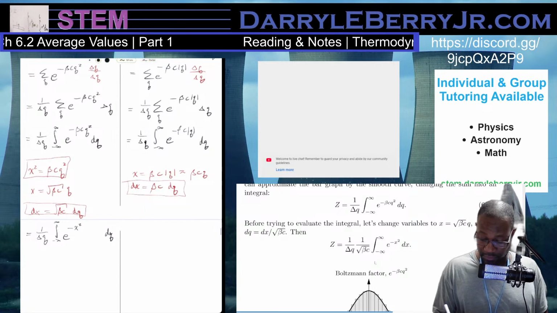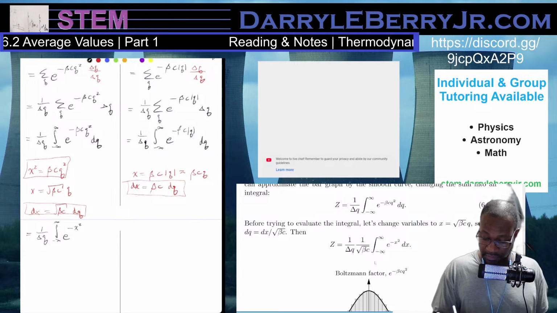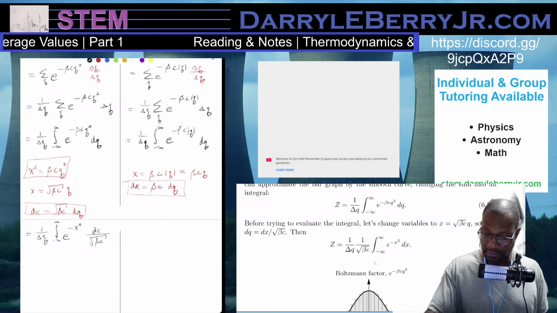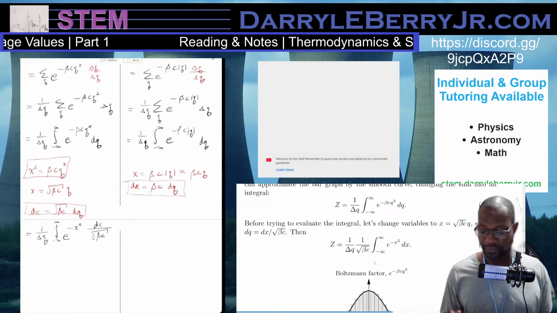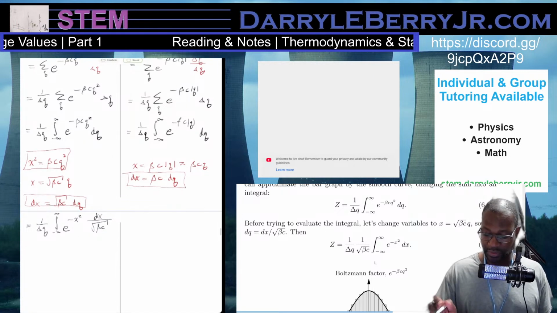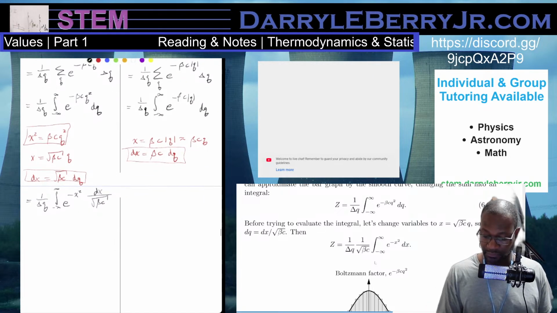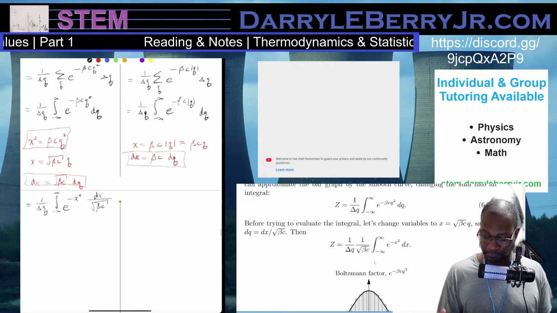So dq is dx over square root of bc. All right, so I have to solve for dq there, so I'll just allow that step to stay implicit.